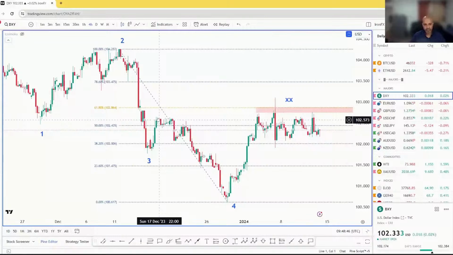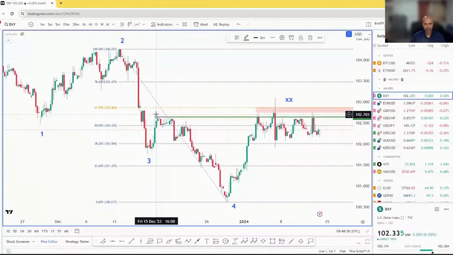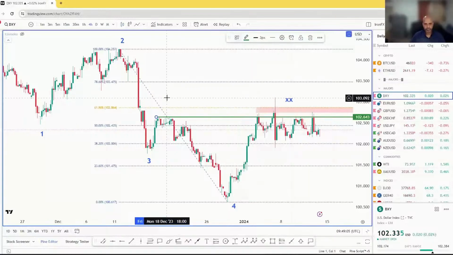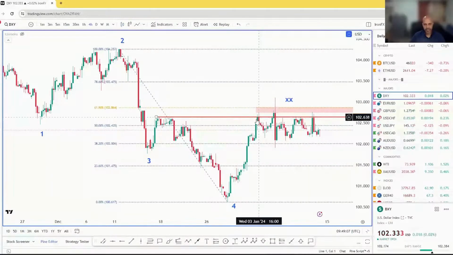So you can see here, because this is also an overlap, a pretty strong resistance level here, right? As price retraced higher here in 18 December, this forms a pullback resistance level. And you can see price actually running into resistance here on 3rd of Jan, right?